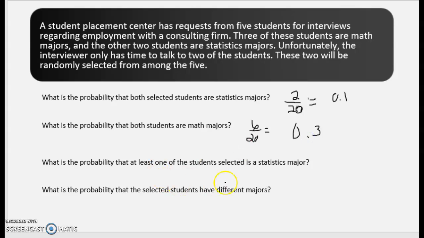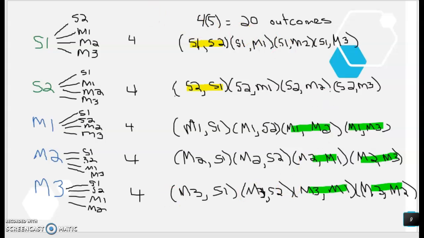The probability that at least one of the students selected is a statistics major. So at least one means one or more, remember. So I'm going to go back to my outcomes and I'm looking for ordered pairs that have at least one S in them. So I would choose that one, that one, that one, and that one.